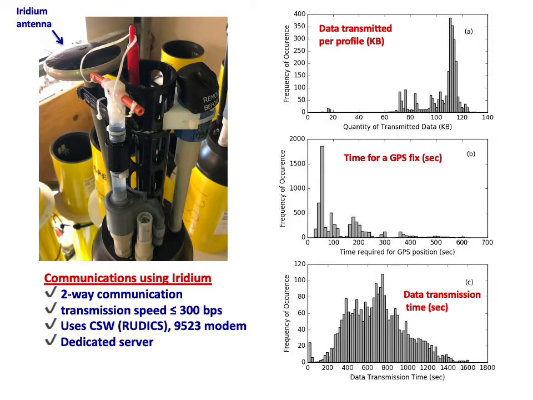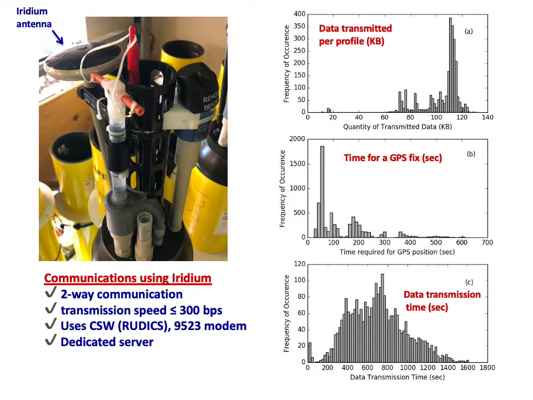And you can see here how much data we're actually getting. This is just a histogram over a bunch of profiles over several years, and you can see typically we get something in excess of 100 kilobytes per profile transmitted. That includes ocean data as well as engineering data on the float. The typical time to get a GPS fix is several minutes, typically 2 or 3 minutes while we're on the surface.